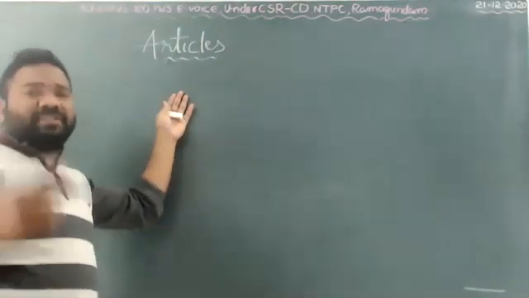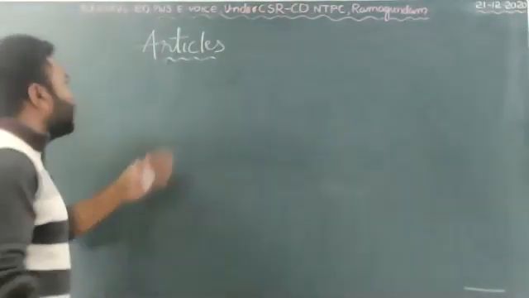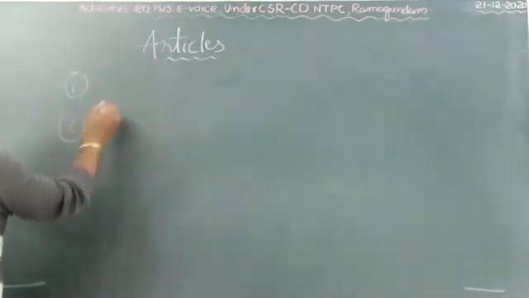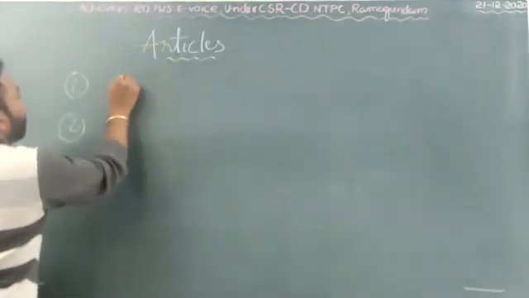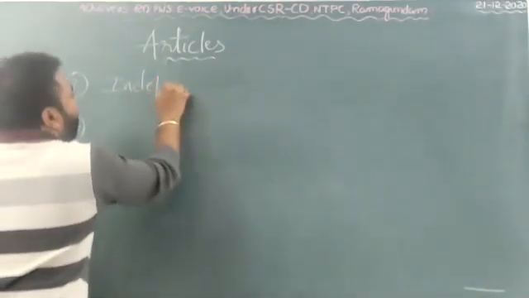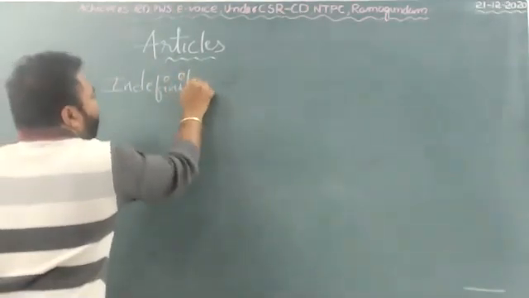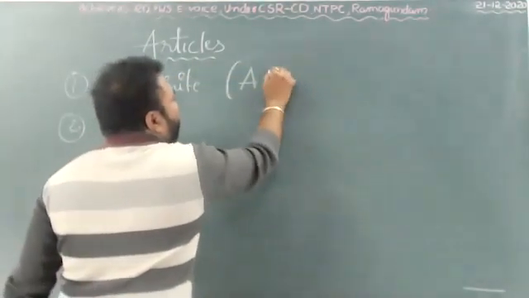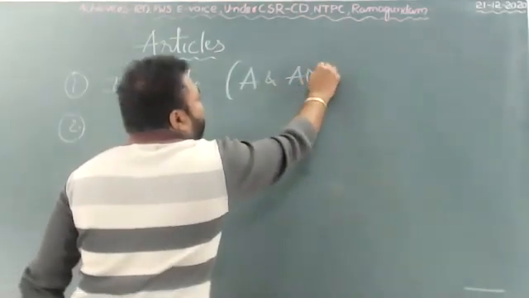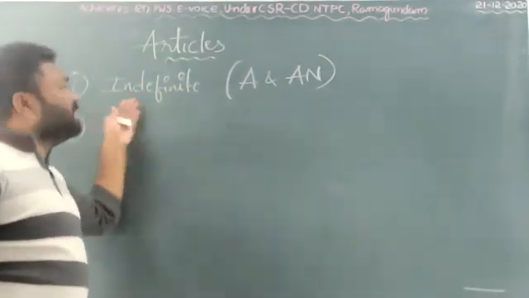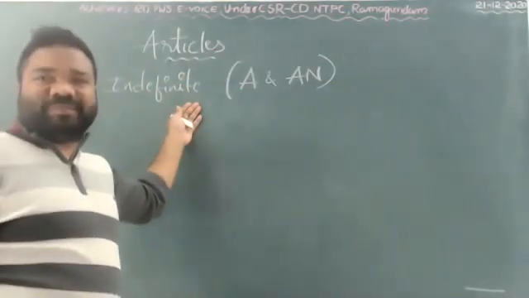Articles are of two kinds. First one, indefinite: they are a and an. These are the articles which are called indefinite articles.